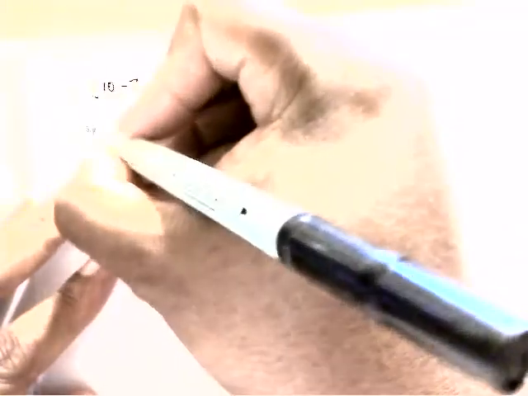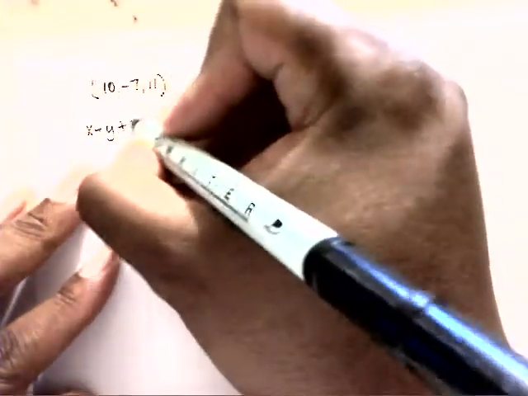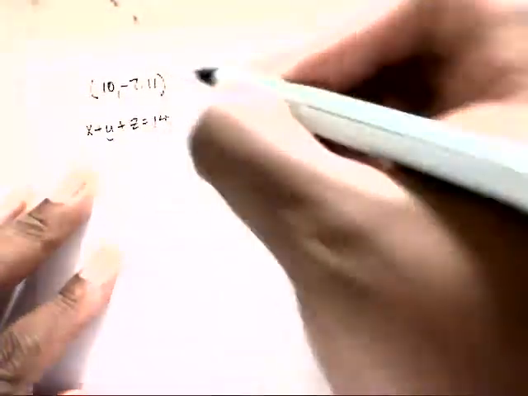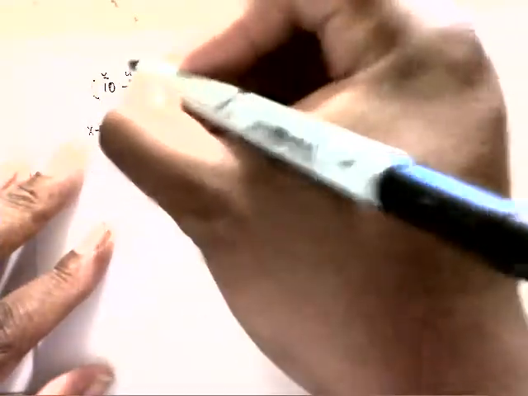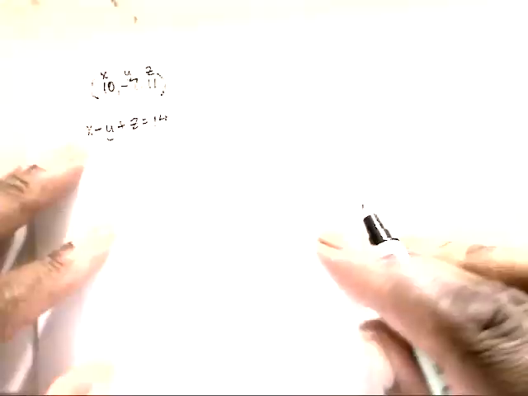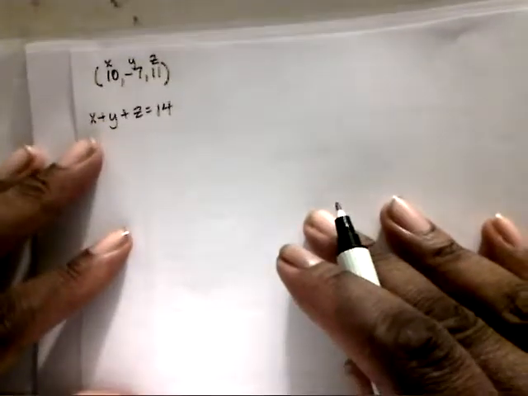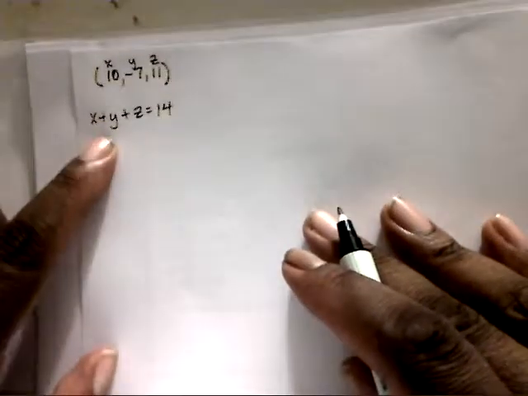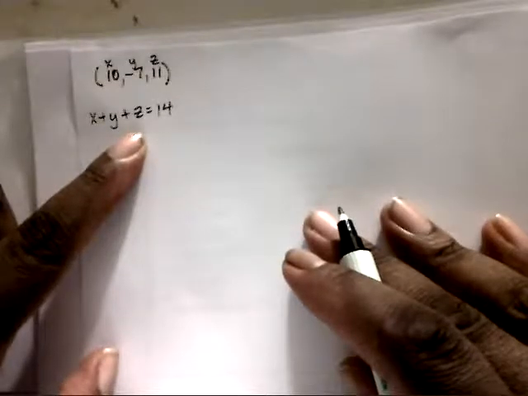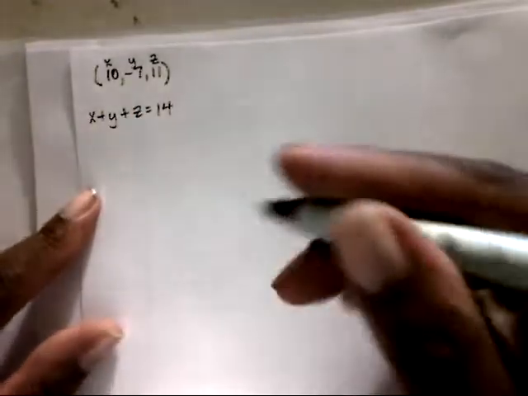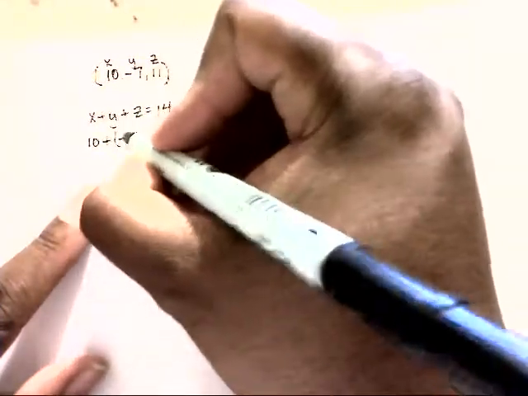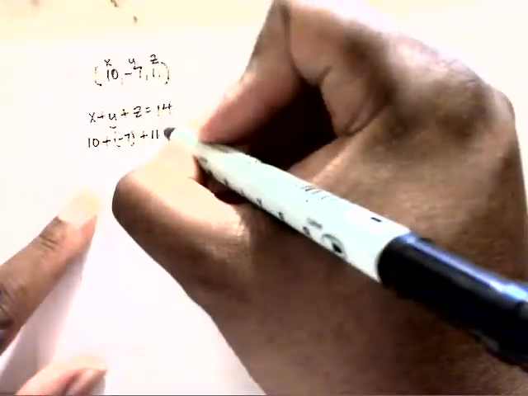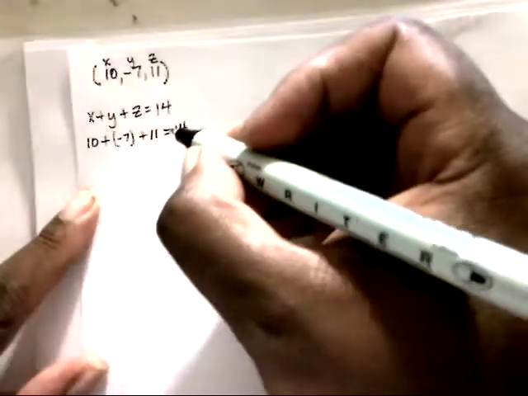Let's start off with the first one. x plus y plus z is equal to 14. In this case, x is 10, y is -7, z is 11. We want to replace the x, the y, and the z in this equation with those coordinates. So here x is 10, so that'll be 10 plus y, which is -7, plus z, which is 11. That sum should equal 14.